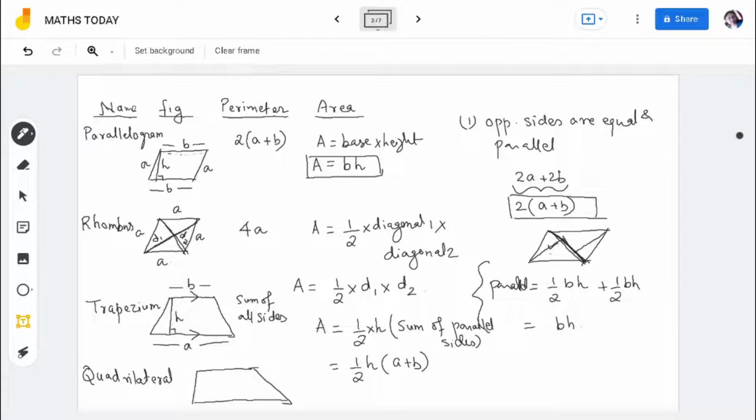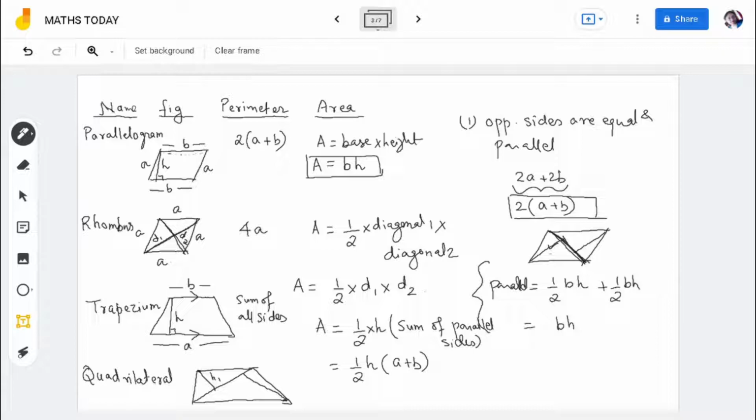If any quadrilateral is given, and the length of one of its diagonals is given along with the heights, that means for this triangle, the distance between this vertex and this diagonal is given as h1, and the distance between this vertex and this diagonal is h2.